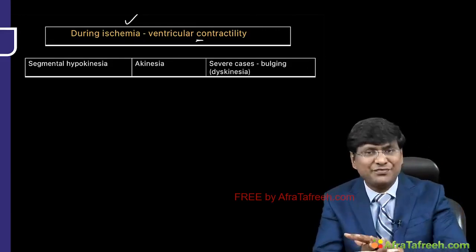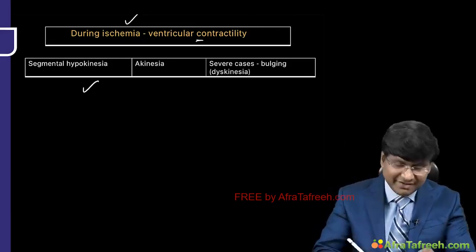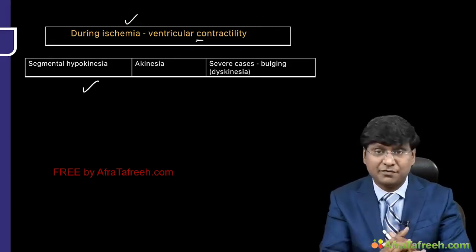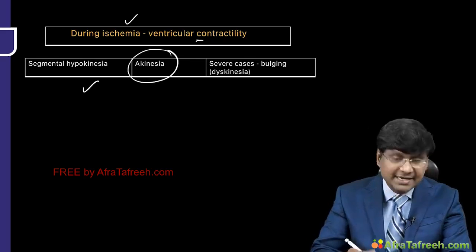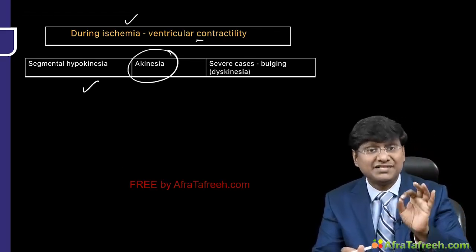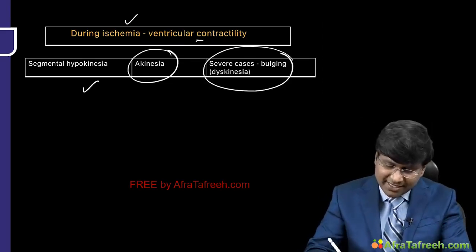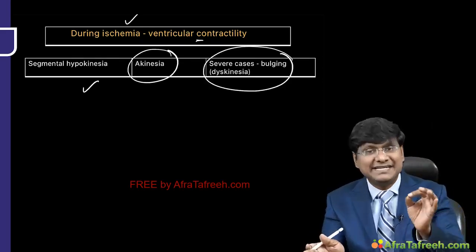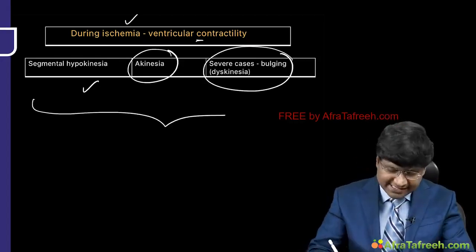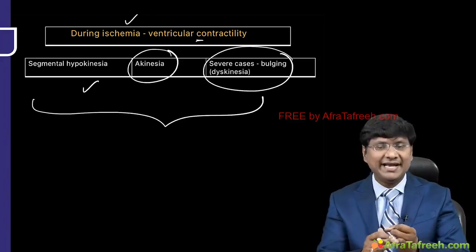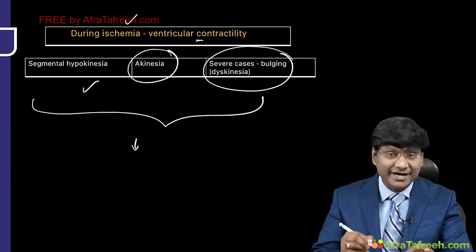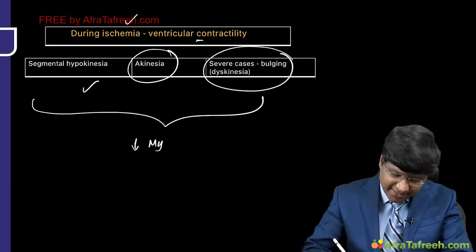What will be the disturbance? There is development of segmental hypokinesia because of reduced blood supply and ischemia. There can even be akinesia, where there is no movement within the wall. And in severe cases, there can be bulging, that is, dyskinesia can occur. All these, severe hypokinesia, akinesia or dyskinesia, will reduce the myocardial pump function.